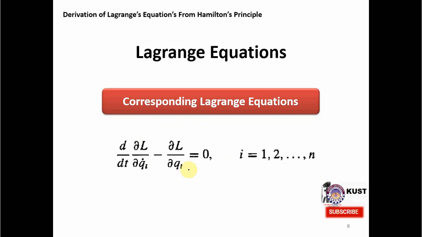And this is not just one equation but a set of many equations, for example n equations depending on the situation. Here you can see d/dt of ∂L/∂q̇ minus ∂L/∂q, and this index i goes from 1 to n. These are the Lagrange equations.